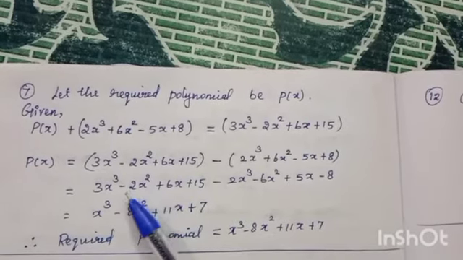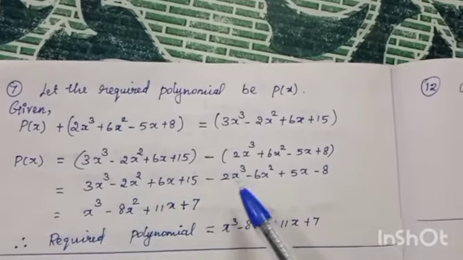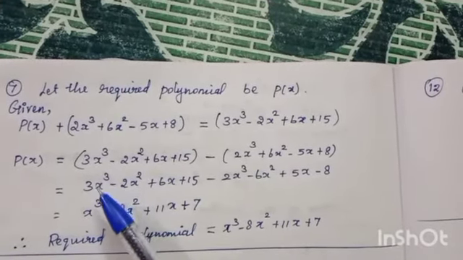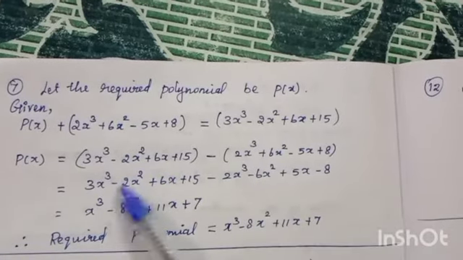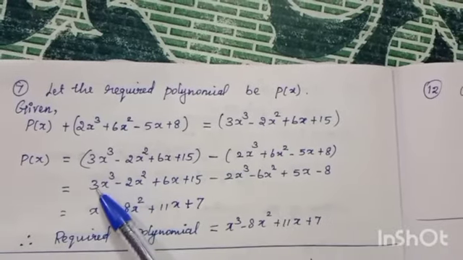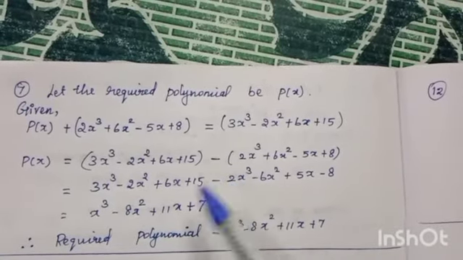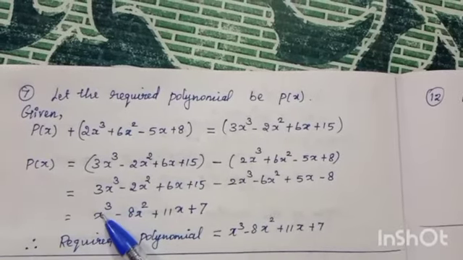First you have to collect the like terms. For the x cube terms, 3x cube minus 2x cube, these two have different signs, so you subtract: 3 minus 2 is 1, that is 1x cube, written as x cube.